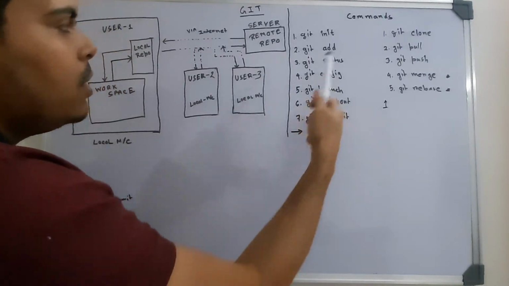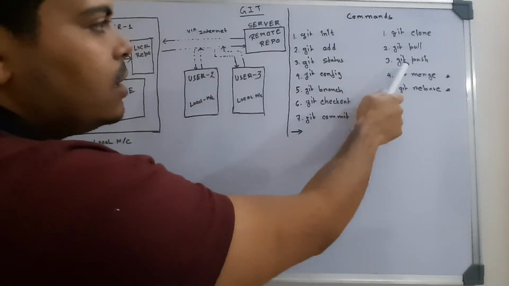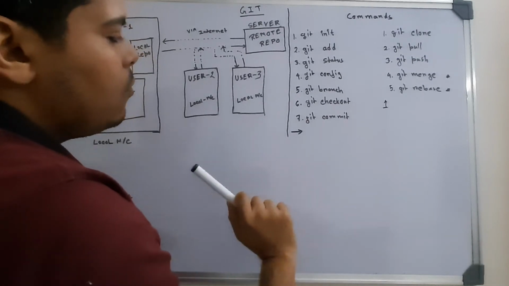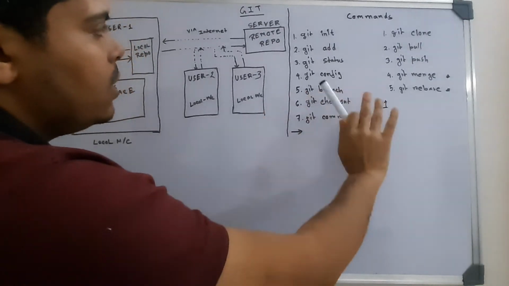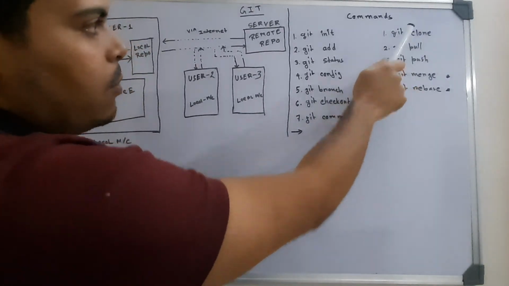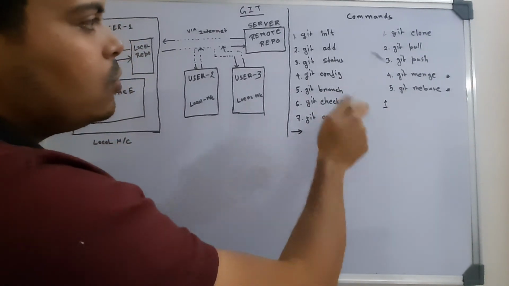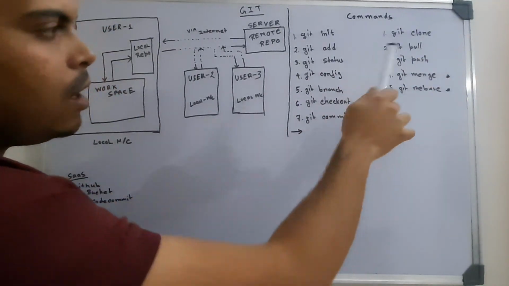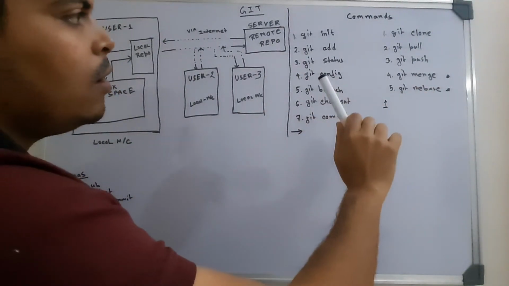And then git push after we do our commit. Once we want to push our code into the remote repository, we use git push. This pull and push command can also be used with different branches. From one branch we can push or pull the details to or from another branch.